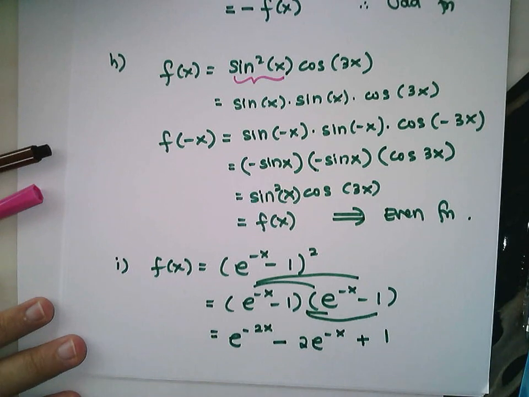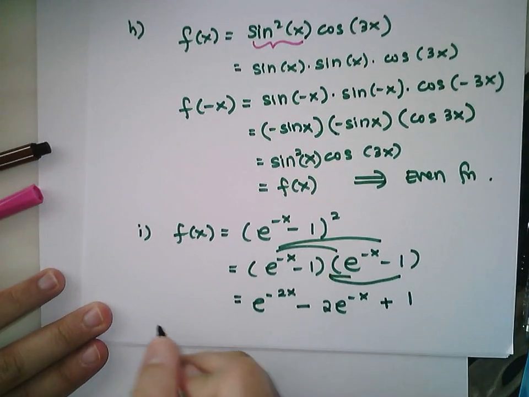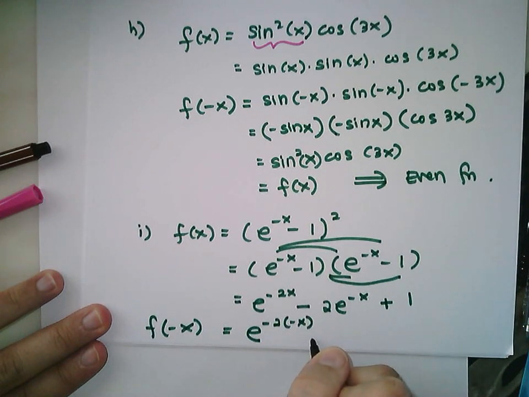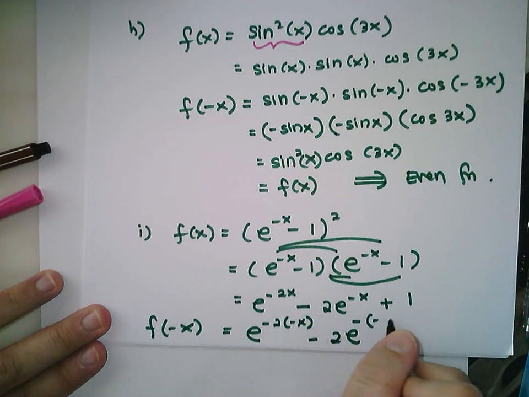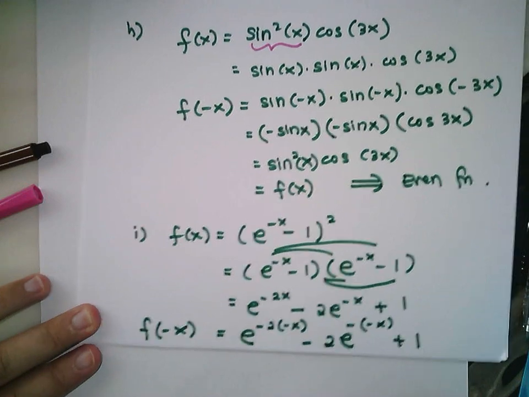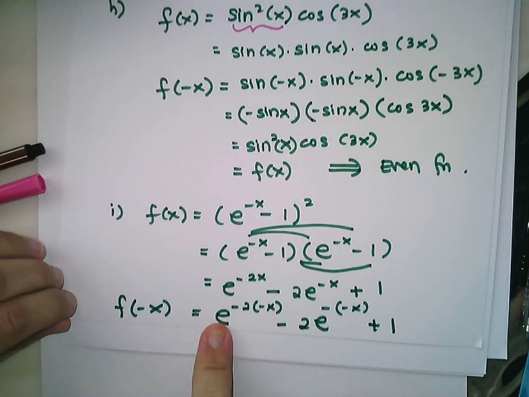Then only you can substitute. Your f of negative x is equal to e negative 2 negative x minus 2e negative, so x with negative x, plus 1. If you simplify this, you will have e to the 2x.